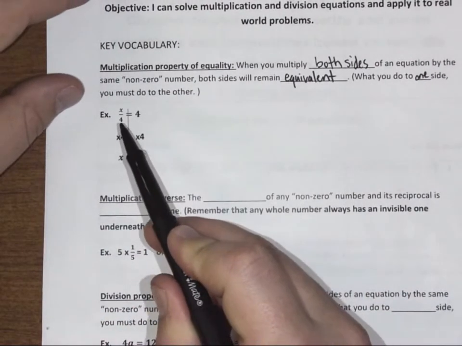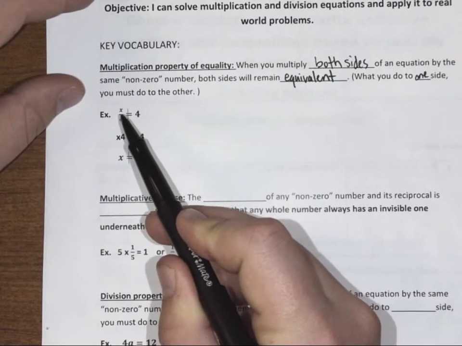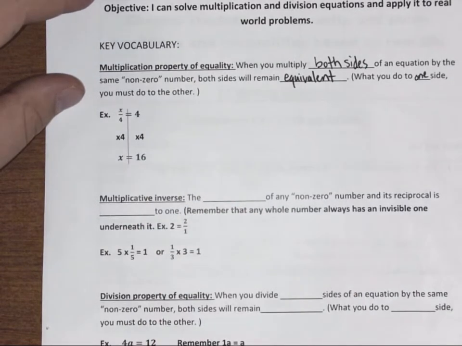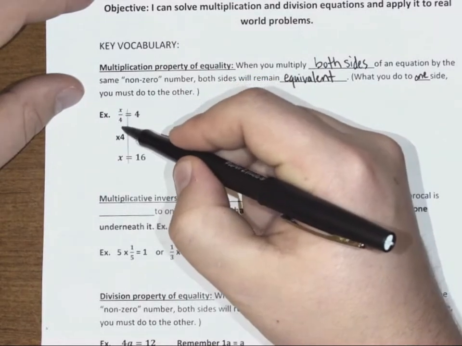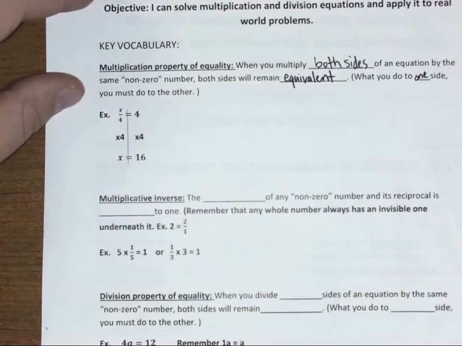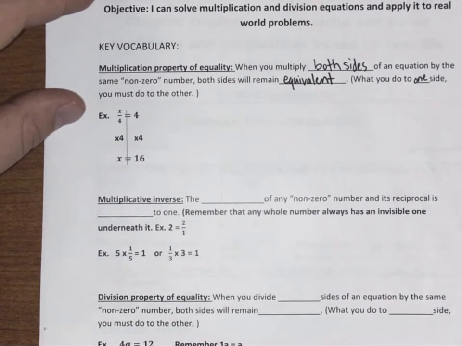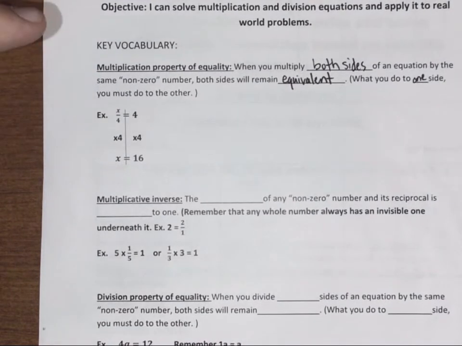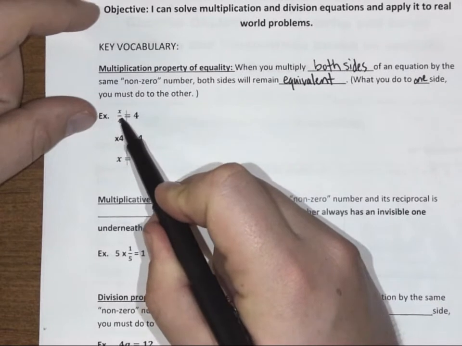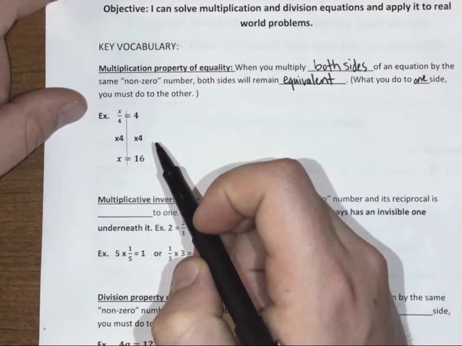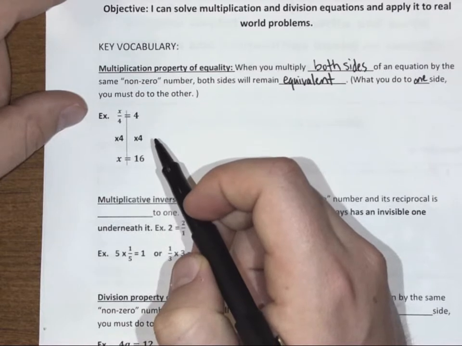So we have an equation here that says x divided by, remember, a fraction also means divide, so x divided by 4 equals 4. So remember, my job is to do an inverse operation, which means the opposite. So if I have a division problem here, I want to do the opposite of divide if I want to get rid of the 4.